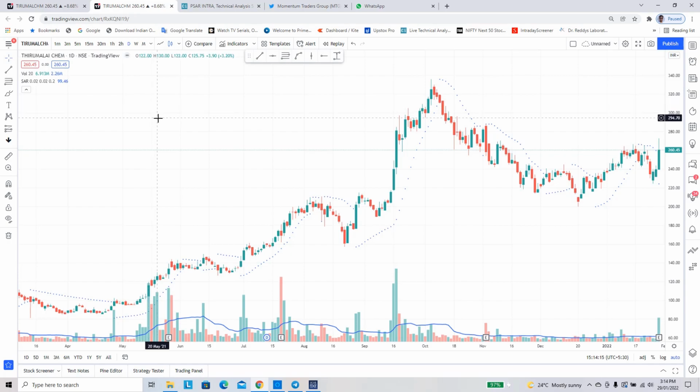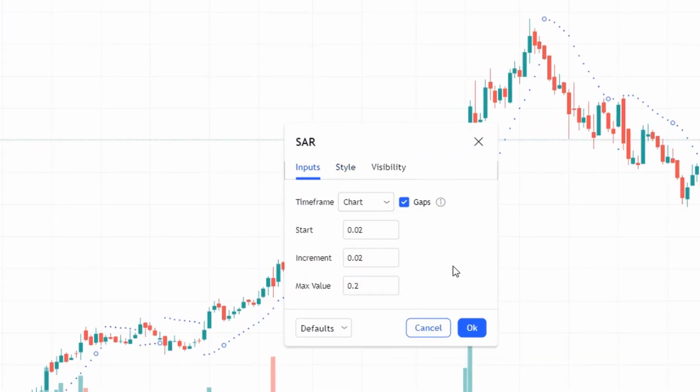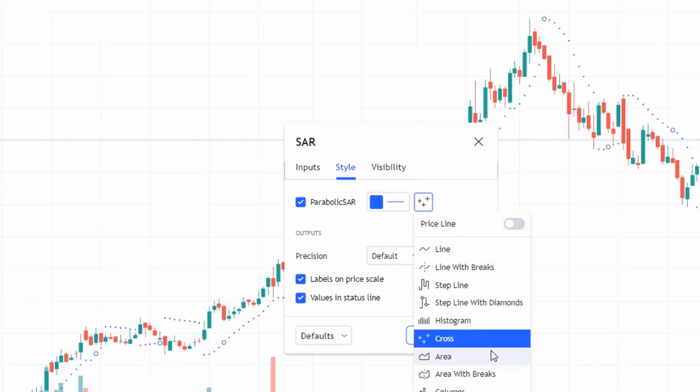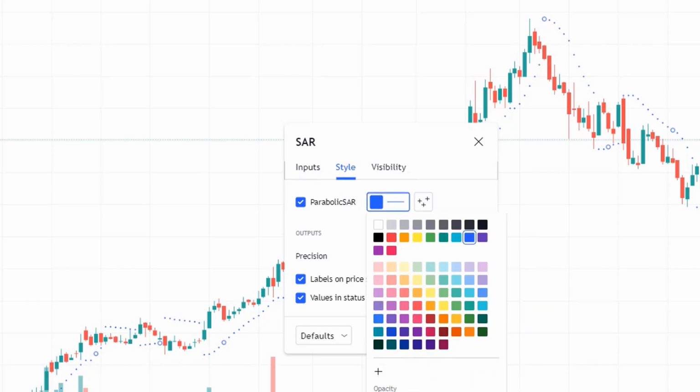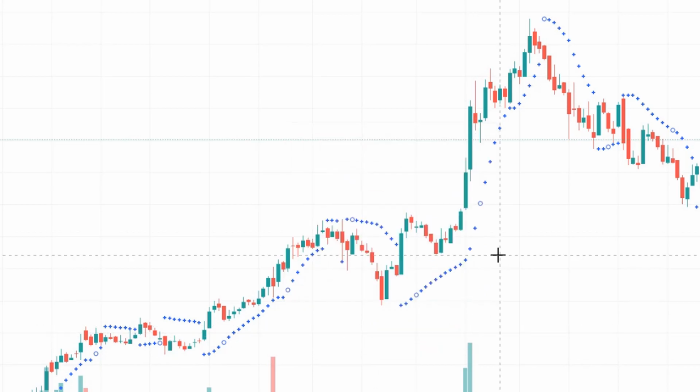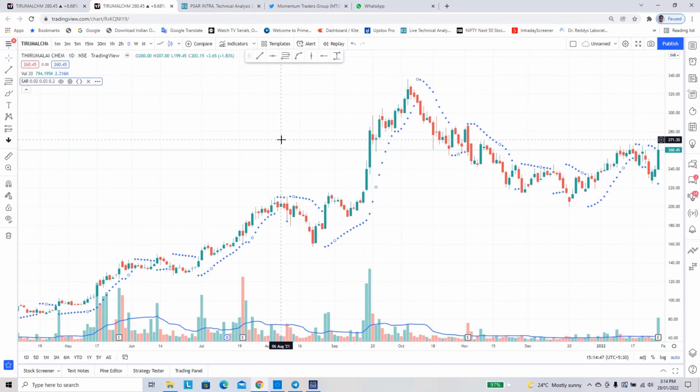The default setting is 0.02, 0.02 and 0.2. Only the incremental setting, instead of 0.02, we will change to 0.03, and in style we will make it a little bit more visible. So that's it. This is your Parabolic SAR.